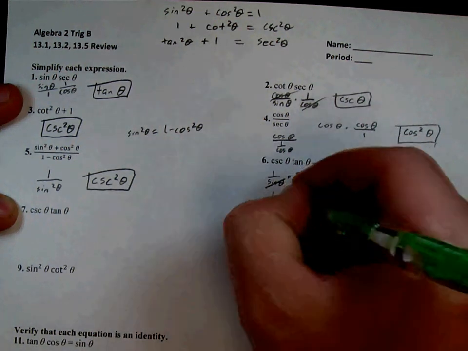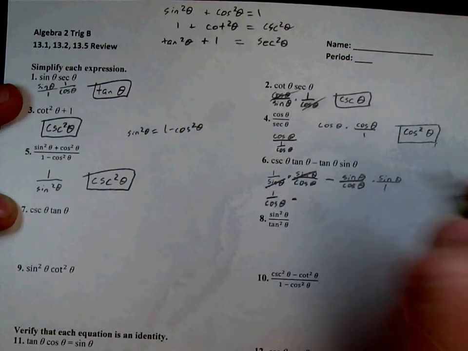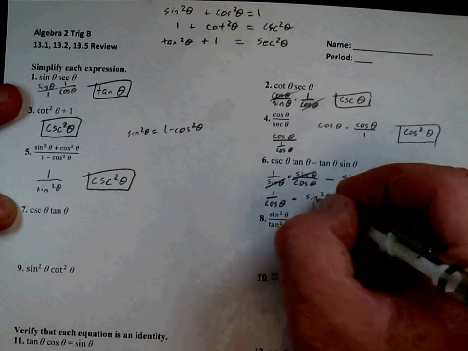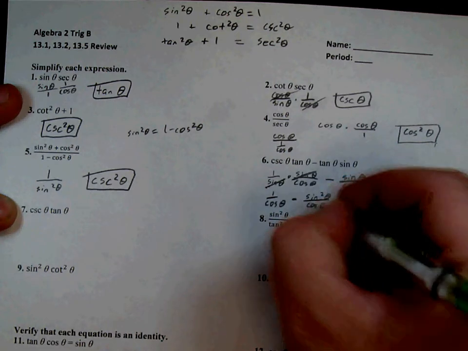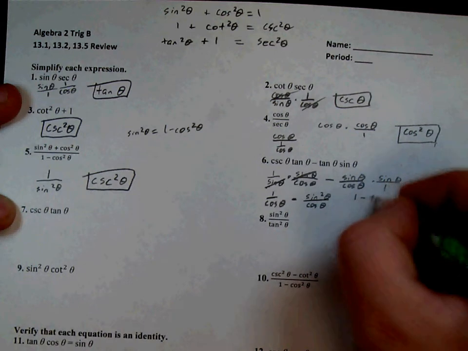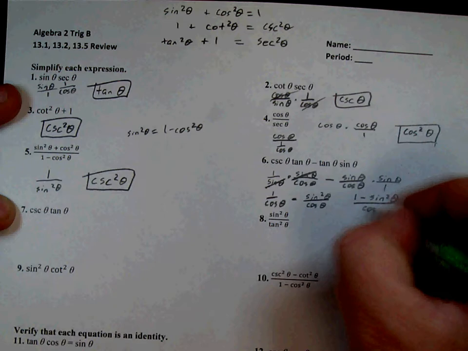We get 1 over cosine of theta, minus, we're going to get sine squared over cosine. I have a common denominator here, so I can combine that into a single fraction. 1 minus sine squared of theta over cosine of theta.